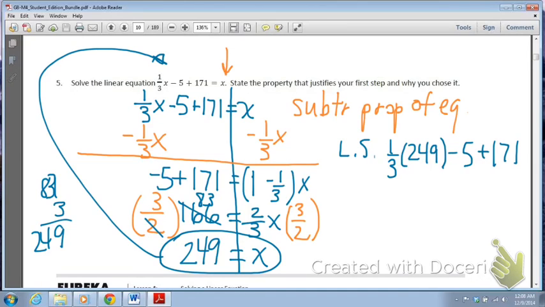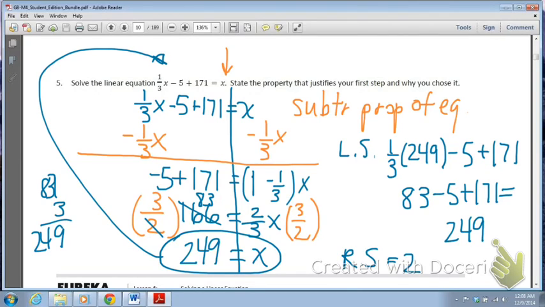So 1/3 of 249 is just 83, minus 5 plus 171 equals 249. And the right side was equal to 249 because it just had an x. So the left side and the right side are equal, so I did the problem correctly. My solution is correct.